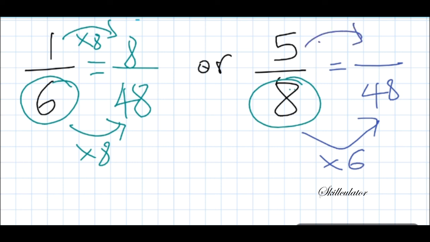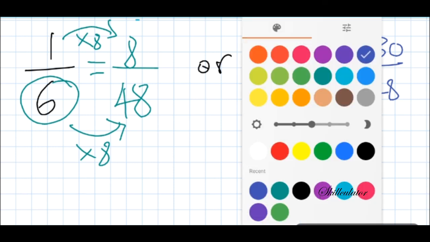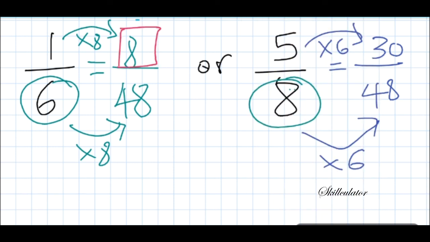So do the same thing for the numerator, times 6. 5 times 6 is 30, right? On one side you have 8 over 48, on the other side you have 30 over 48. If you're just looking at the numerator now, since the denominators are both the same on both sides now, 8 versus 30. Which one is bigger? 30. 30 over 48 is bigger than 8 over 48.